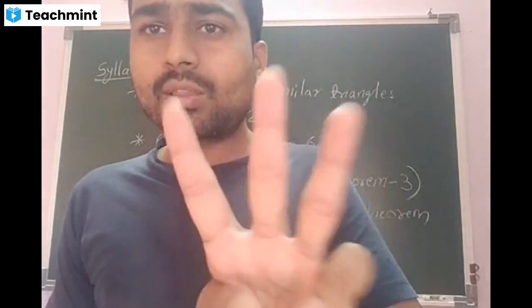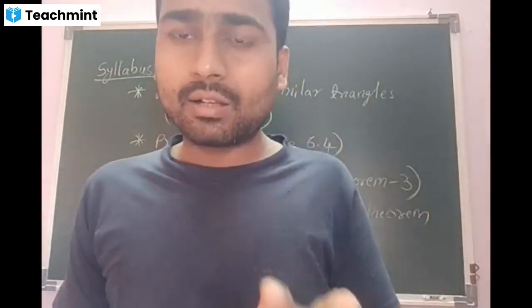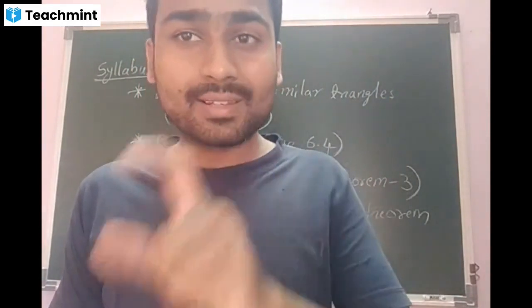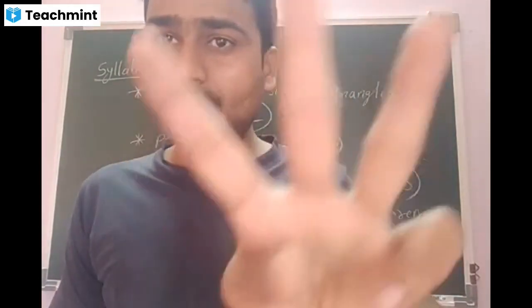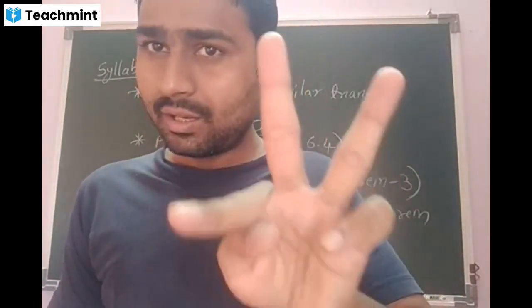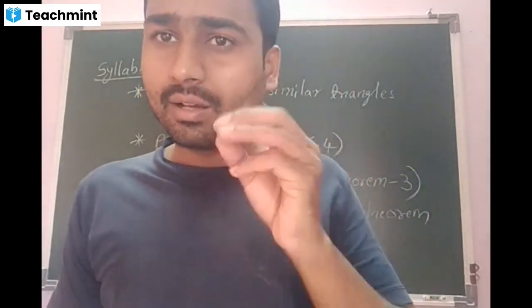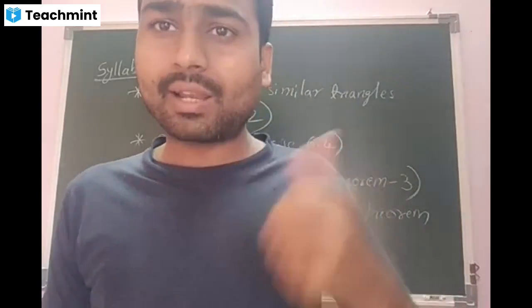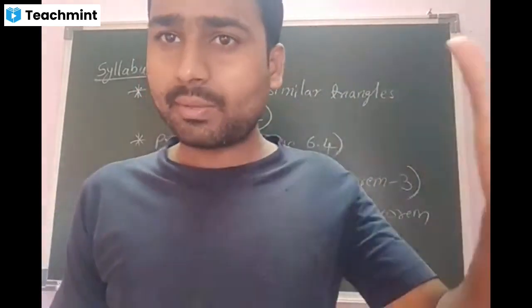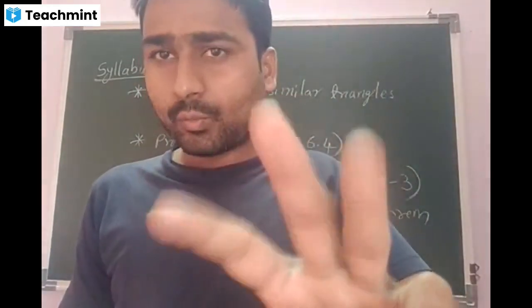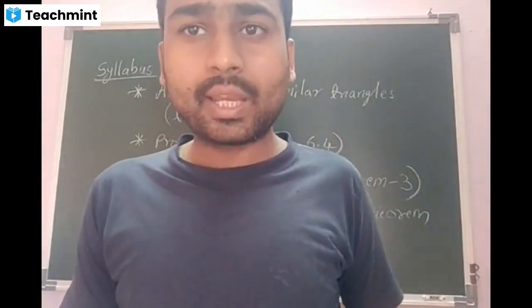Coming to the third part, criteria, the general rules which are meant for deciding the similarity of two triangles. There are three rules: AAA, SSS, and then SAS. What they mean, we will discuss in detail when I come to that particular point. Out of three, we have to derive the first one, the AAA rule.